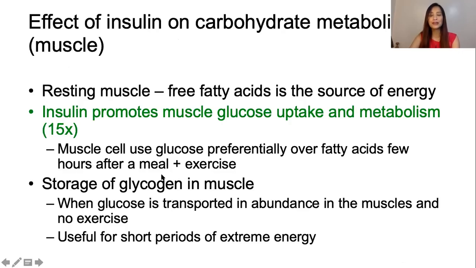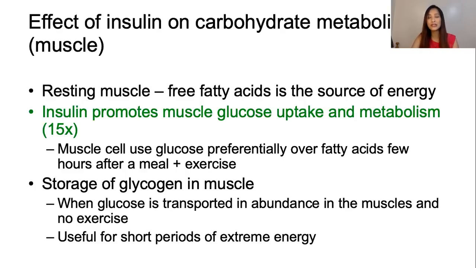So what is the effect of insulin on carbohydrate metabolism in the muscle? Resting muscle uses free fatty acid as its source of energy. But after a few hours, after a meal, or after an exercise, the insulin promotes muscle glucose uptake and metabolism by about 15 times because your muscle cells use glucose preferentially over fatty acids after a meal or during exercise.